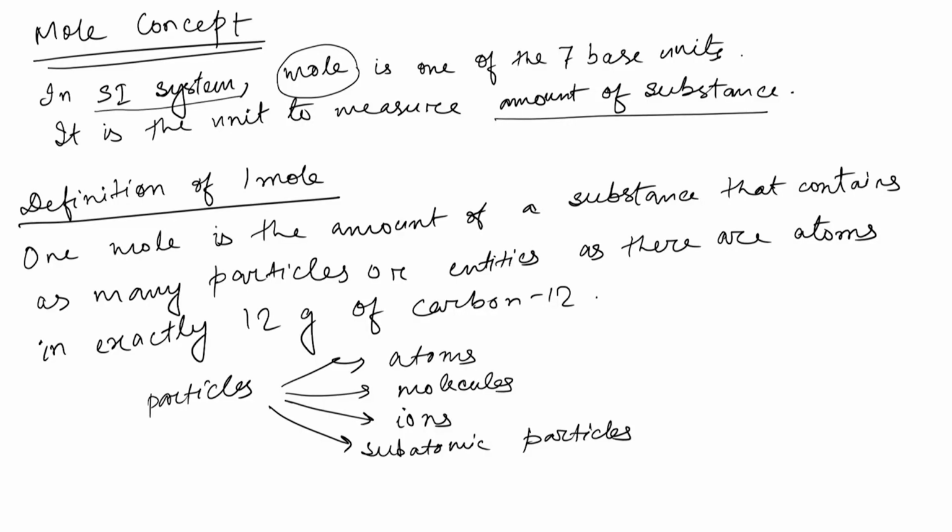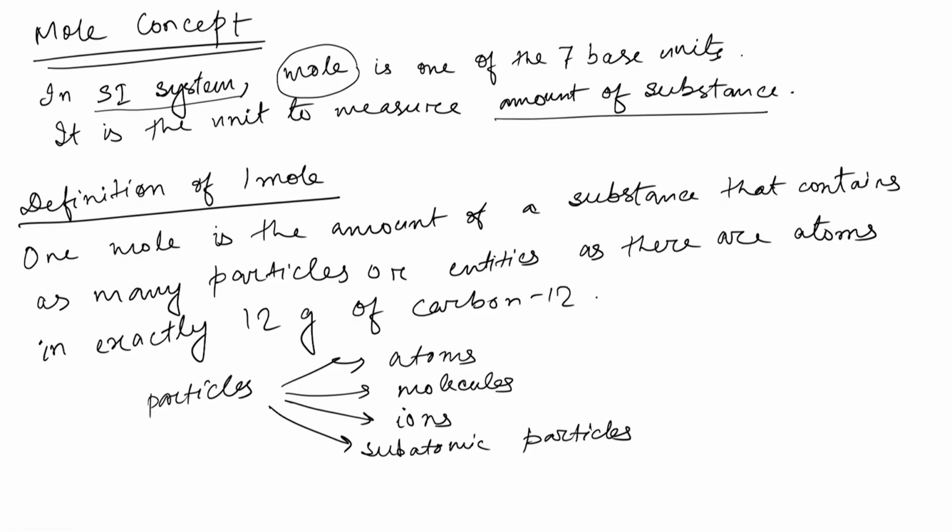Now, again, like the atomic mass and molecular mass, the definition of mole is also very relative. How? The definition of mole says 1 mole is the amount of a substance that contains as many particles or entities as there are atoms in exactly 12 grams of carbon-12.